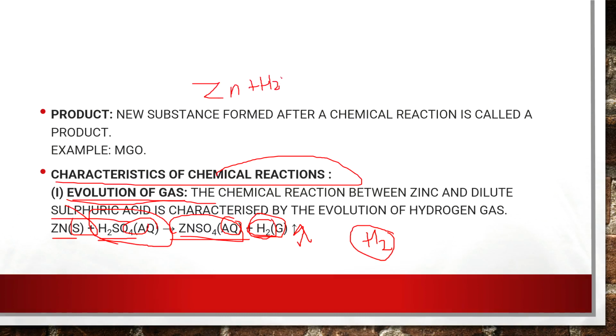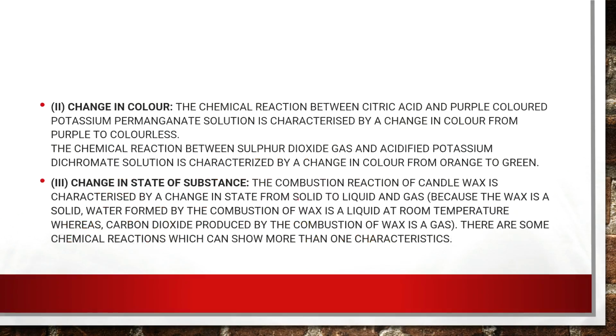So the first example of evolution of gas is zinc plus H2SO4, sulfuric acid, which gives ZnSO4 plus H2. Then, change in color. The best example I have already displayed here: the chemical reaction between citric acid and purple colored potassium permanganate solution is characterized by a change in color from purple to colorless.